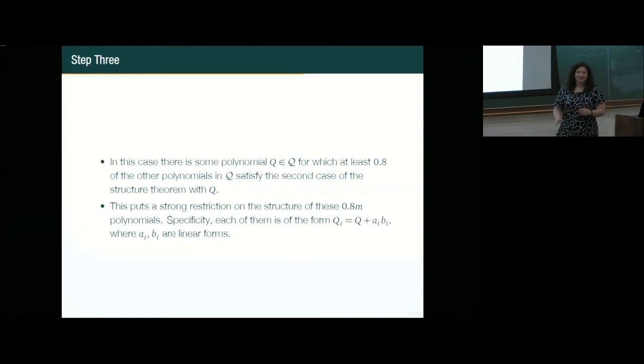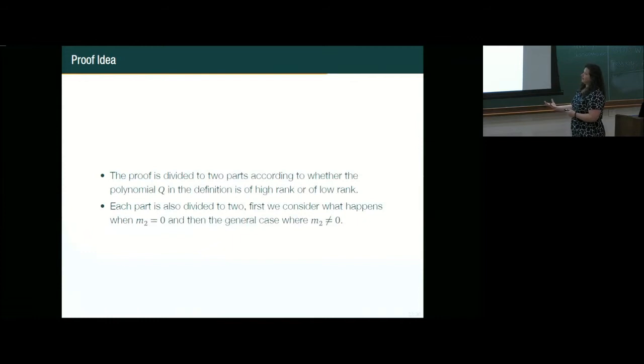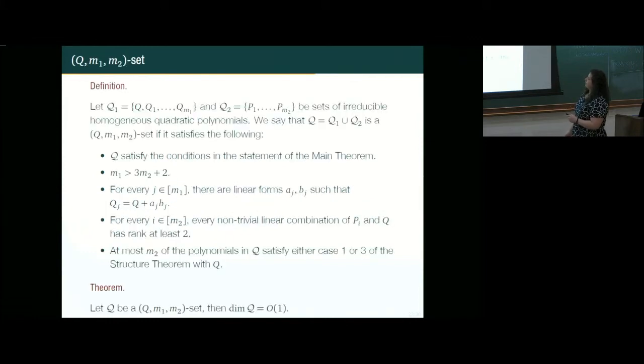I prove that if my set follows this definition, then its dimension is bounded. This is the hardest part. So the idea here is, I have those A_i, B_i linear forms.